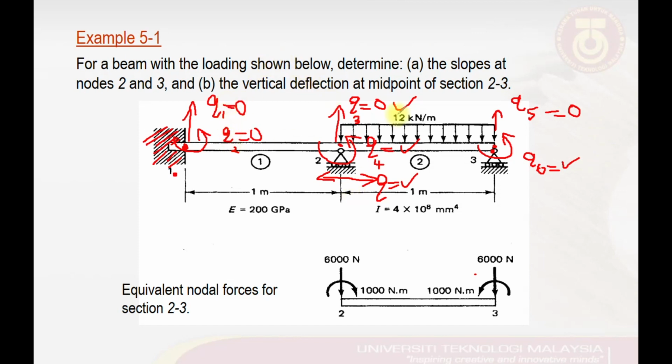So Q1, Q2, Q3 and Q5, due to the boundary conditions, will have 0 values.